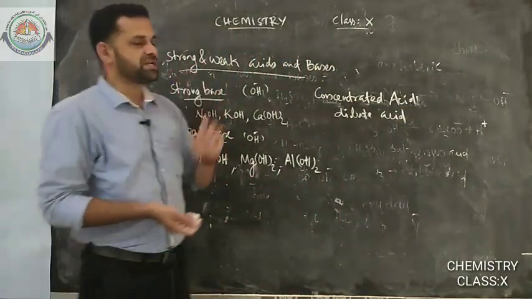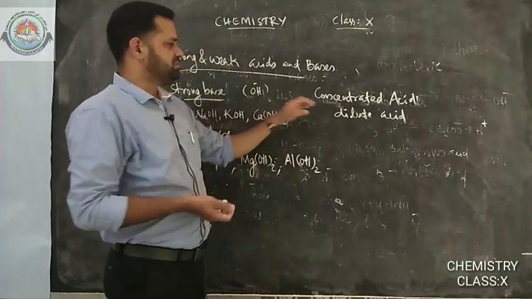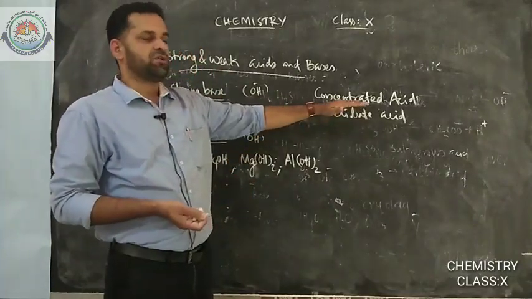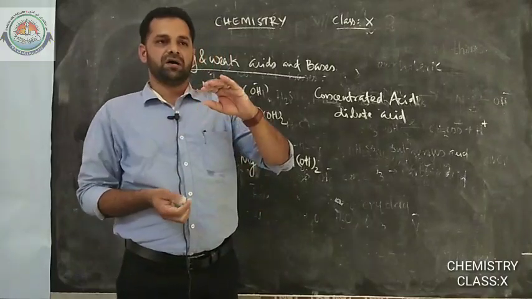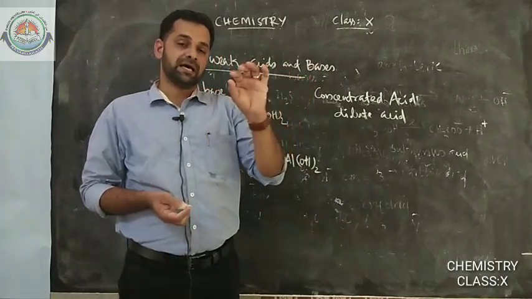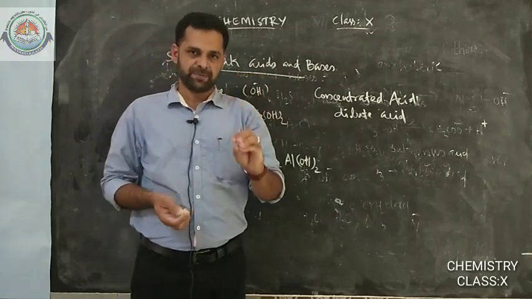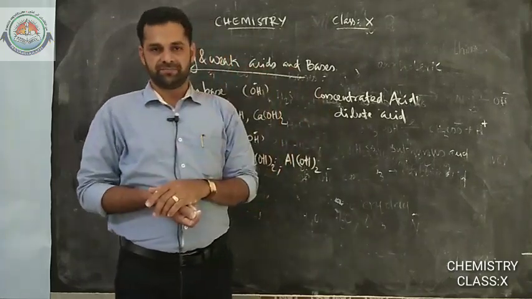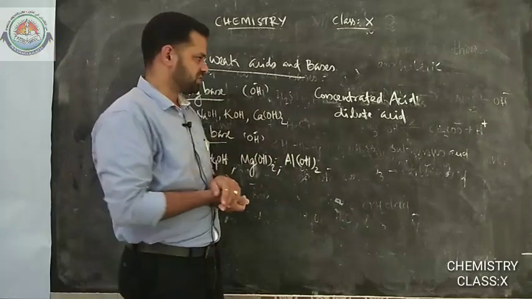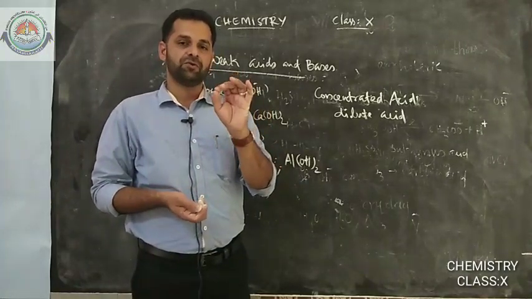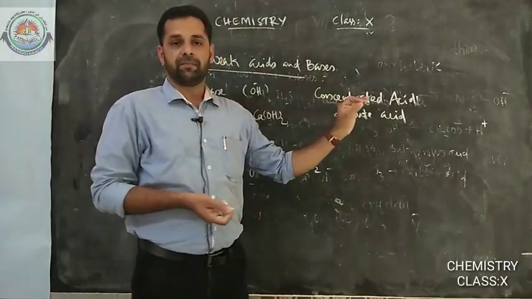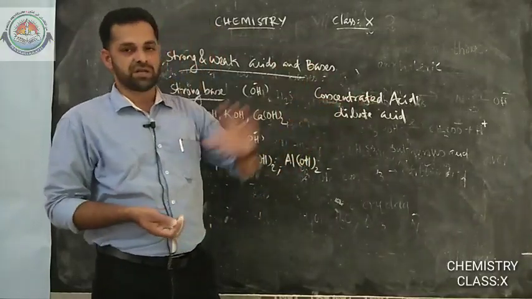So, what do you mean by concentrated acid? It is very simple. We know in a solution there will be a solute and solvent, isn't it? If the acid is more in amount and only a lesser amount of water is present, that is called concentrated acid. In a concentrated acid solution, the large amount will be acid and a very small amount will be water.